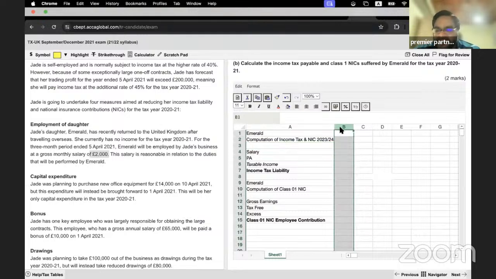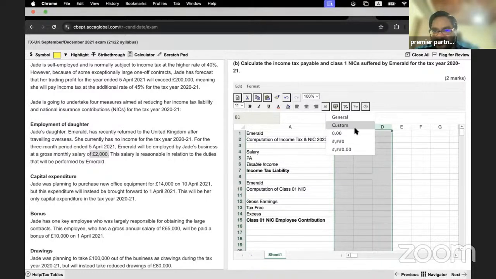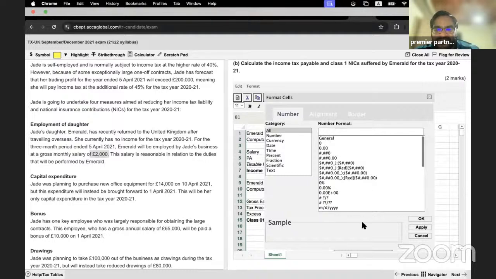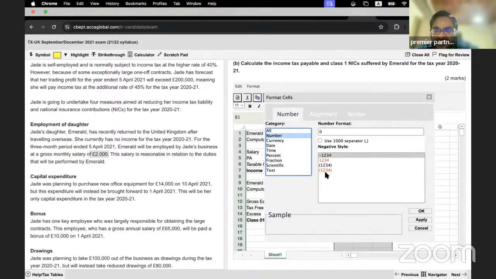Then I personally prefer to have 3 columns with the accounting or number format. So how am I going to do that? Go to this one, dot double zero icon, click it, go for custom option. Then select number. Always try to use this 1000 separator.